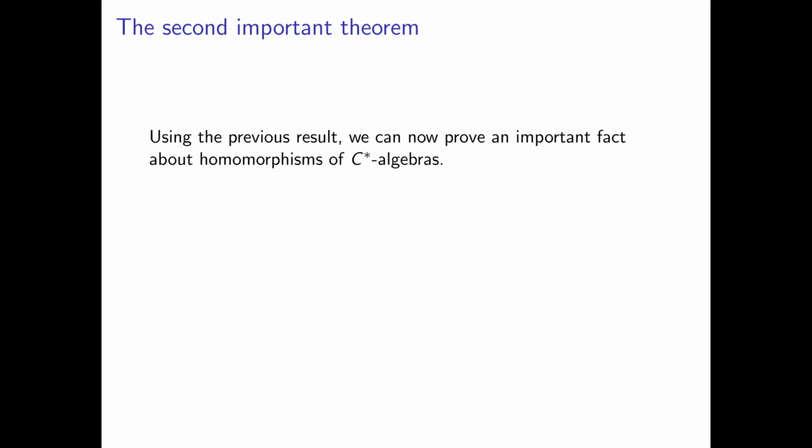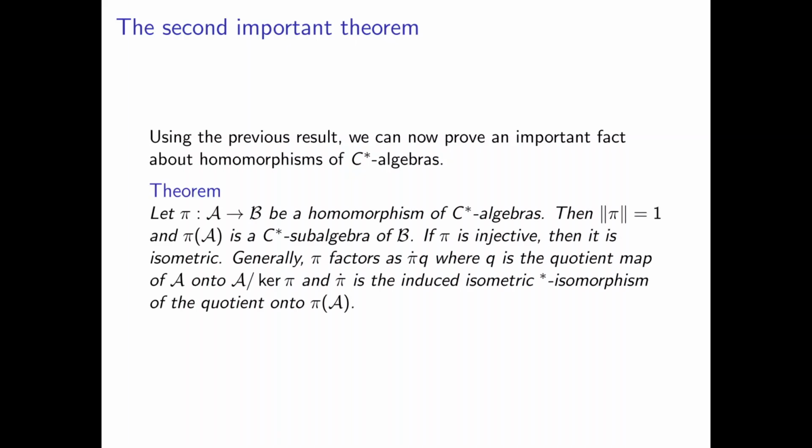But there is another sort of dual side to this, and it's the following: if pi here is a homomorphism of C-star algebras from A to B, then first off, the norm of pi is equal to 1, and the image of A under pi is a C-star subalgebra of B. And moreover, if pi here is injective, then it has to be an isometry.